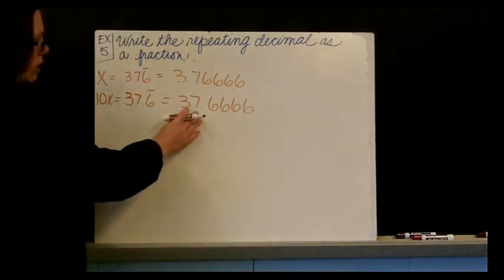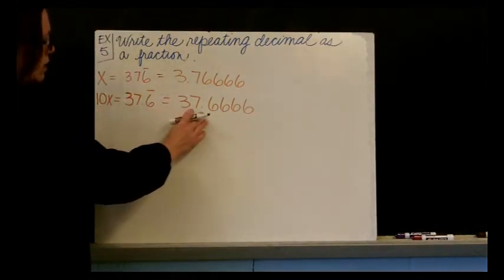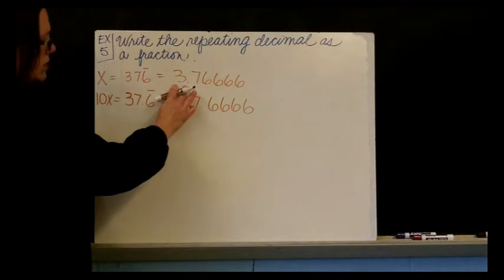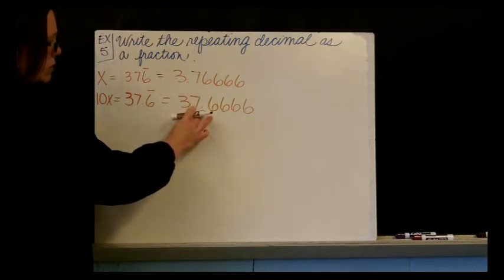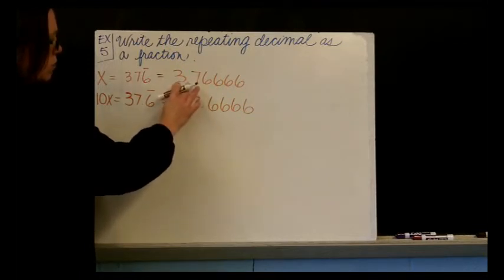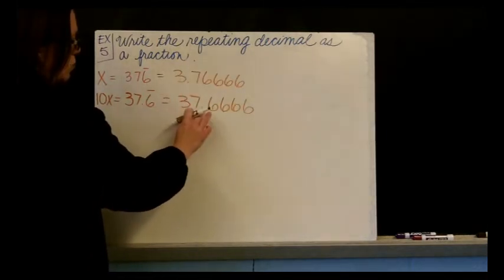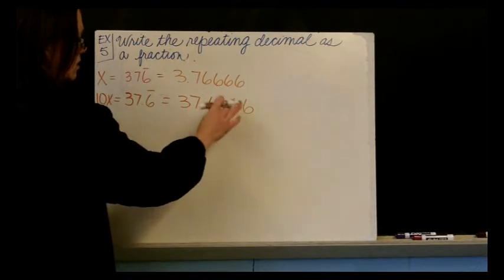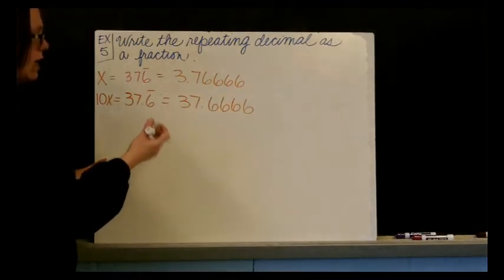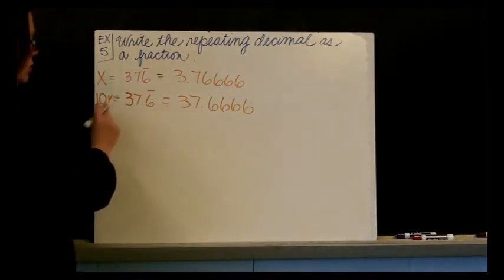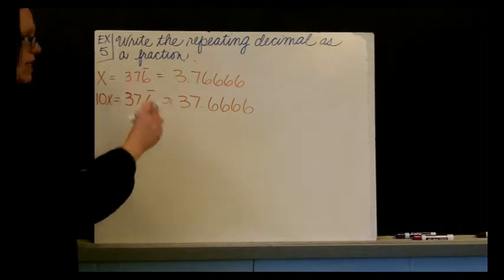Now you see, when I multiply this by 10, our numbers following the decimal are different. This is 0.76666, and this is 0.66666. And when that happens, what you do is you multiply your original number by the next 10.